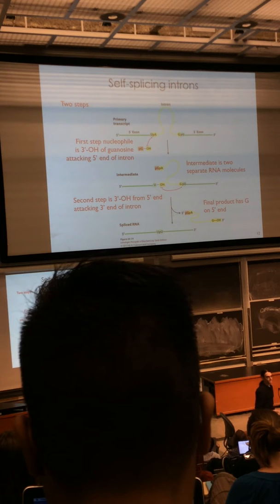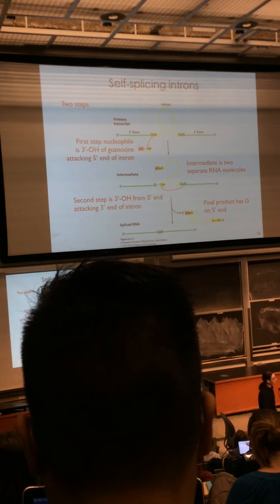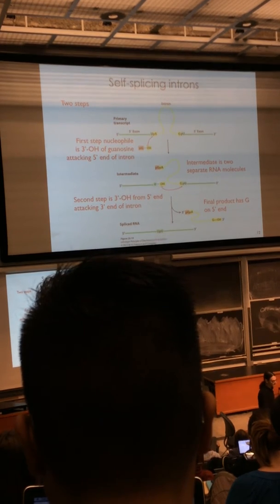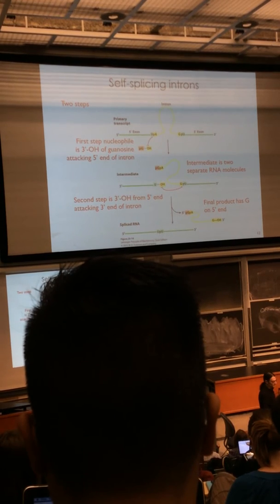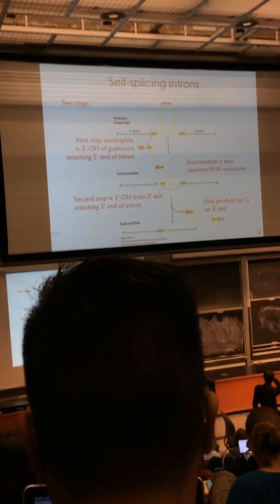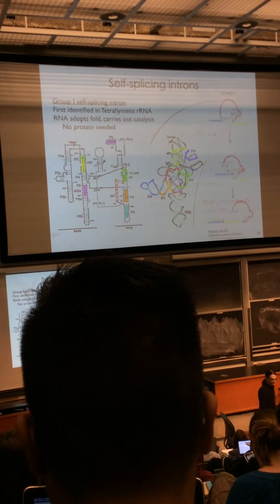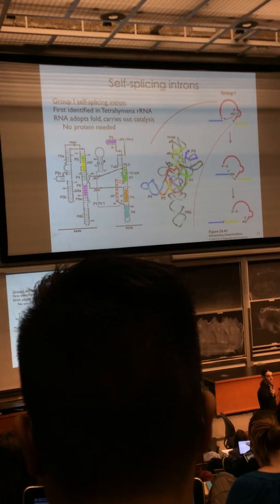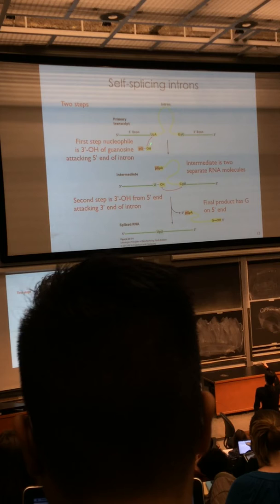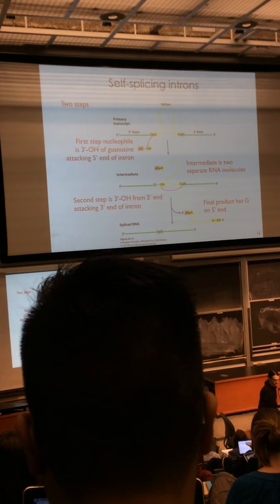And to look in a little more detail at that, this is a process with 2 steps. So I mentioned this question of what is serving as a nucleophile in splicing. The first step nucleophile for a group 1 self-splicing intron is the 3' OH of a guanine nucleotide. That 3' OH is held in a specific position by the self-splicing intron to favor an attack of this 3' OH onto the phosphodiester backbone.